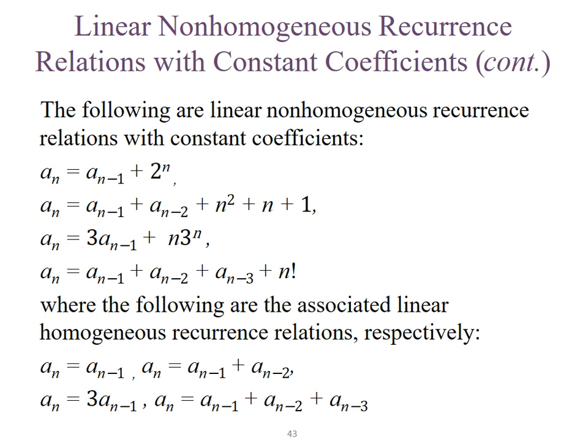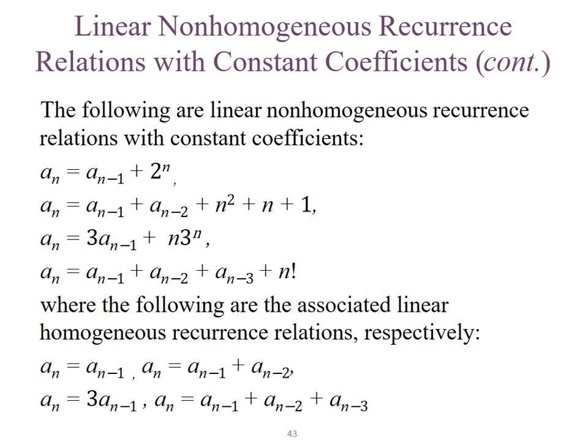Next, let's see some examples you may see in your homework assignment or final examination to discover the solution of this linear non-homogeneous recurrence relation with the form f(n) equals 2 to the power of n, or n squared plus n plus 1, or n times 3 to the power of n, or factorial of n.